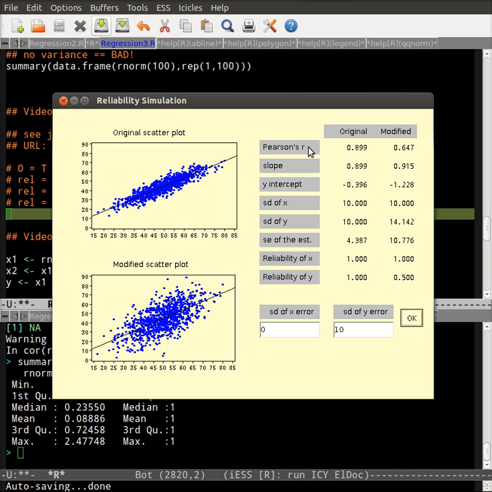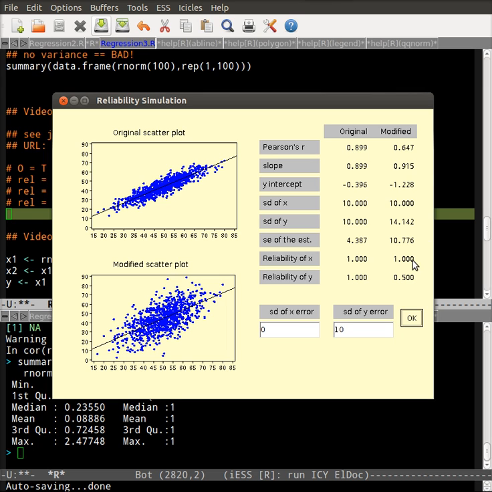That coefficient of determination tells us how much shared variance, and reliability is the proportion of reliable variance. So there's only 0.5 that can actually be accounted for, and we account for a good amount of it. Remember, because we started out with an original correlation of 0.9, which is very high.